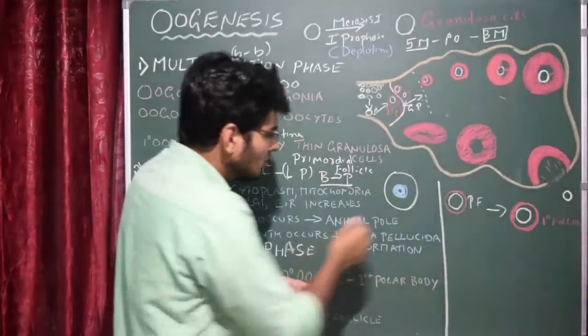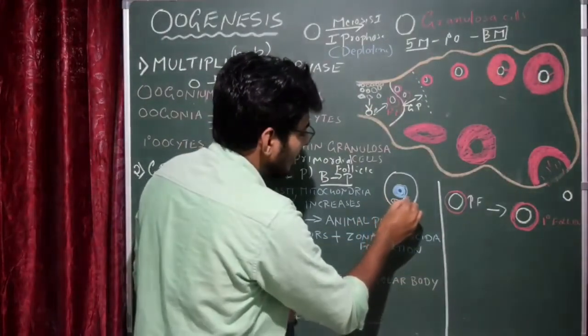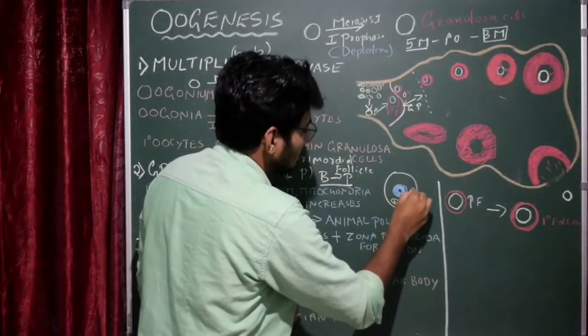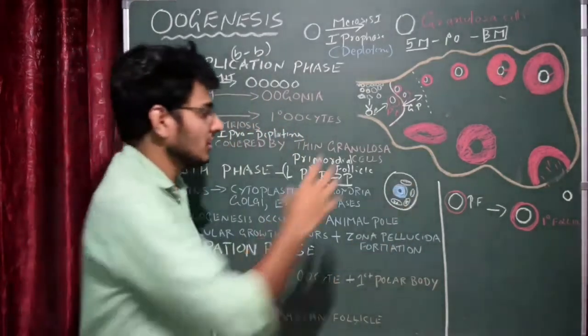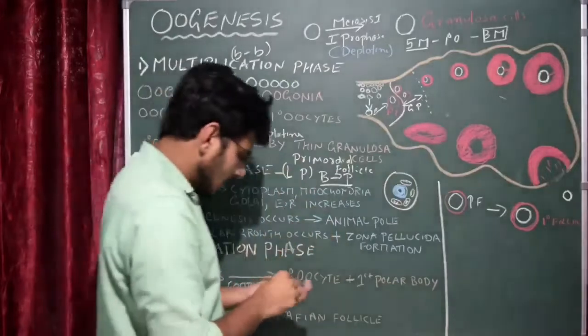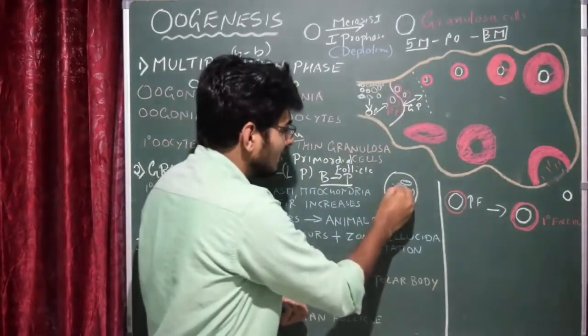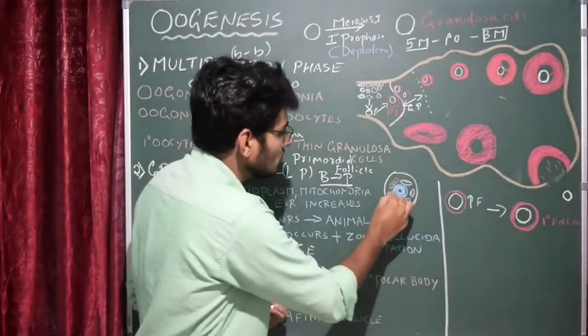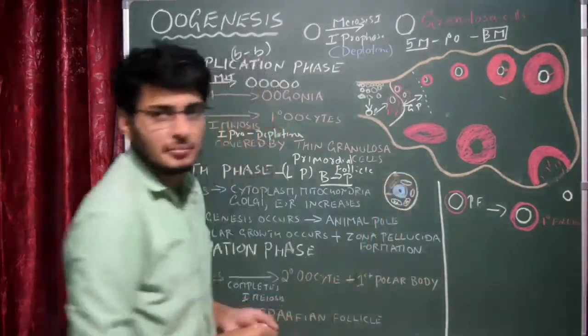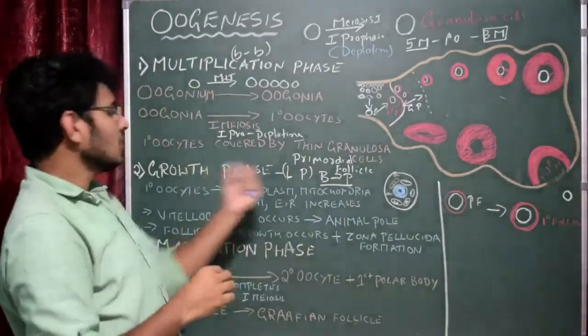Several mitochondria undergo division, producing many mitochondria, which are very important for the future. The endoplasmic reticulum also becomes a bit complex, and the Golgi apparatus increases in number.